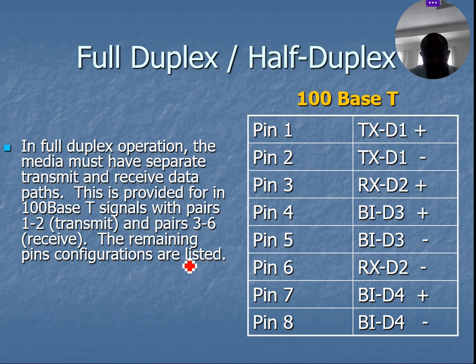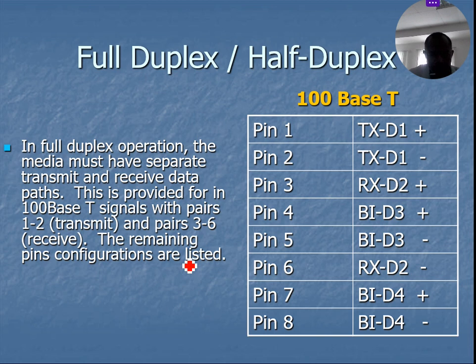So all your 8 pins cannot be both transmit and receive. They must be different. You have pins for transmission, pins for reception. In full duplex operation, the media must have separate transmit and separate receive data paths.